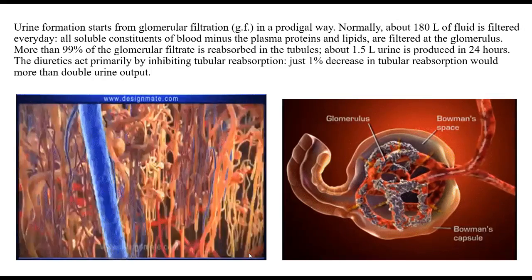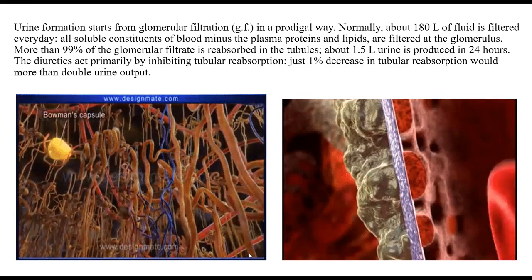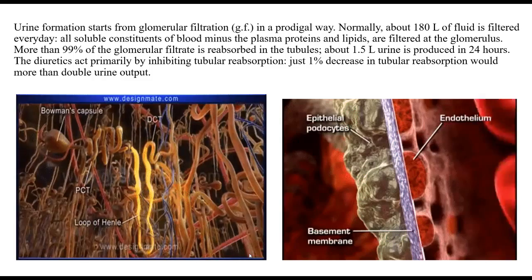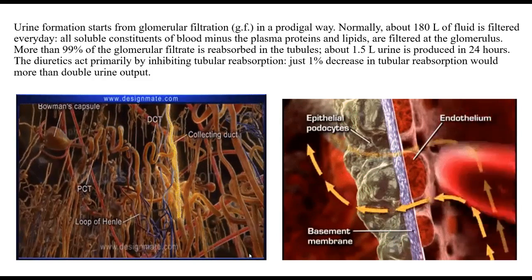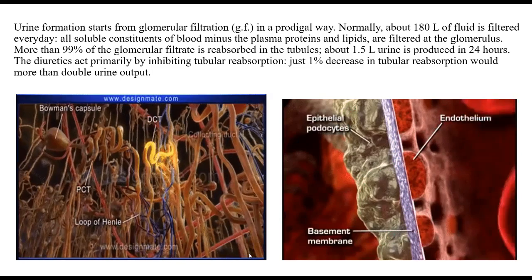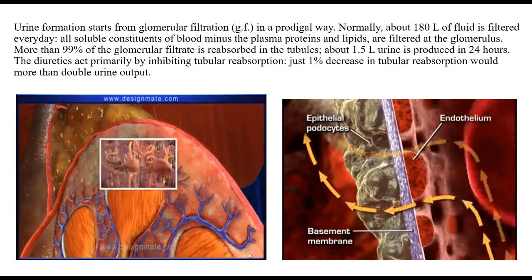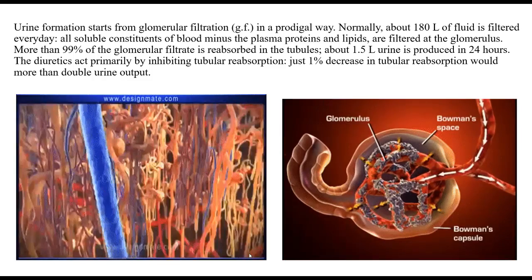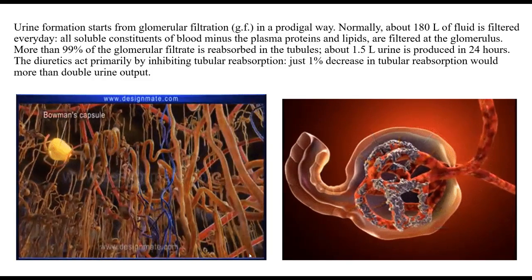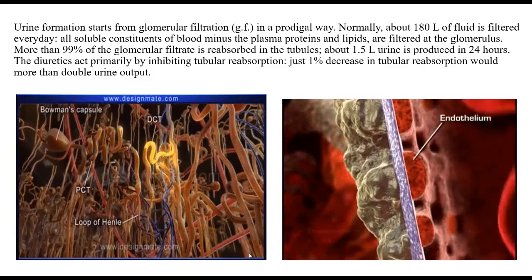It filters 180 liters of fluid every day, but do we release all of it as urine? No. The remaining fluid is reabsorbed, and only 1.5 liters of urine is produced per day. The rest is reabsorbed by our tubules.